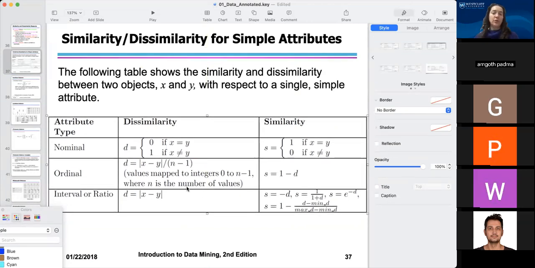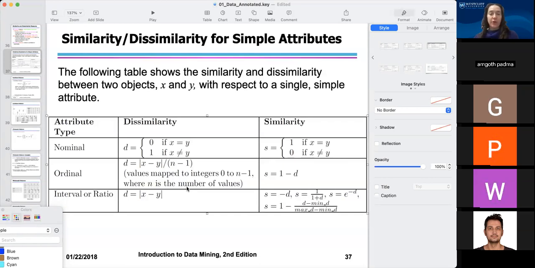Now, if we are to use certain formulas for computing similarity or distance, we would prefer to do this with attributes that are numeric, because we can easily add and subtract them to find the distances between the objects.